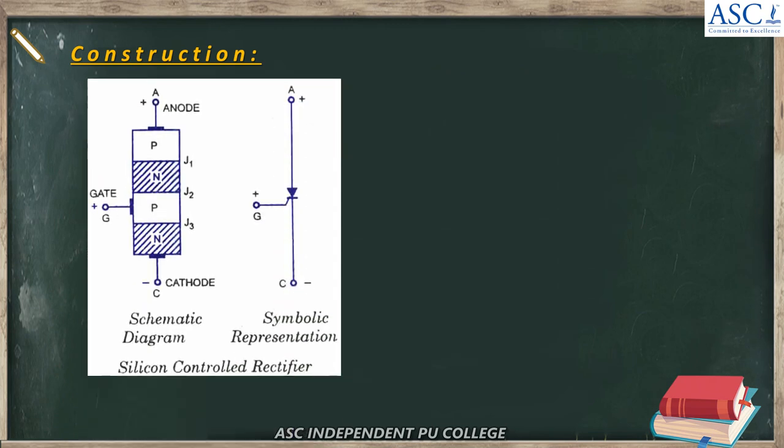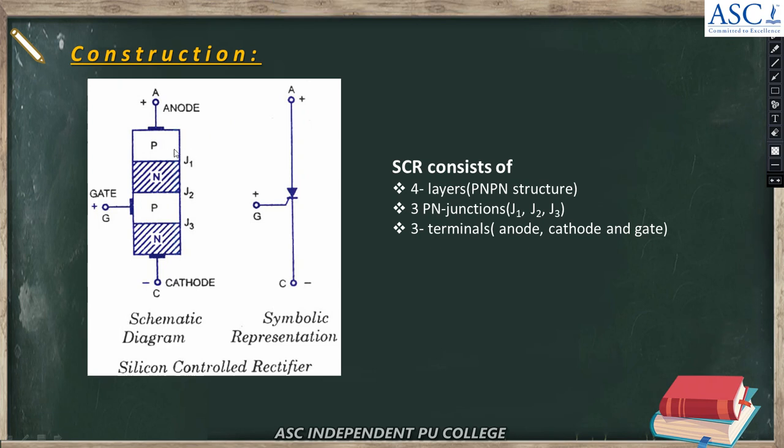Coming to the construction, it contains 4 layers P, N, P, N and 3 junctions J1, J2 as well as J3, and 3 terminals: anode, cathode as well as gate terminal. This is all about the construction of SCR. SCR is used mainly for 3 purposes: one is rectification, second is power control and third is power conversion.